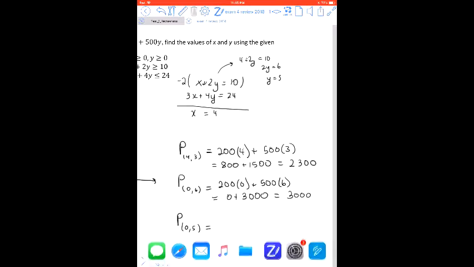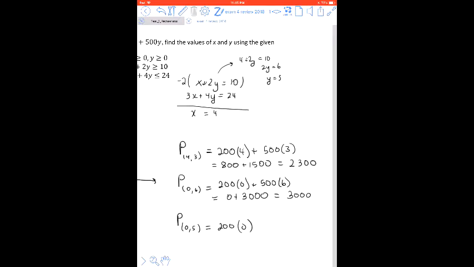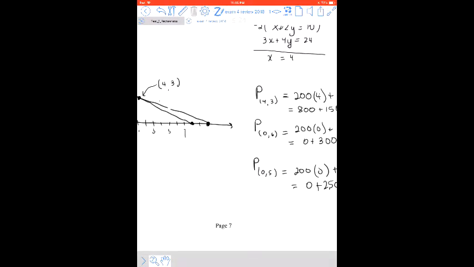And then for 0, 5, that's 200 times 0 plus 500 times 5, 0 plus 2,500, 2,500. So it looks like 0, 6 maximizes P.